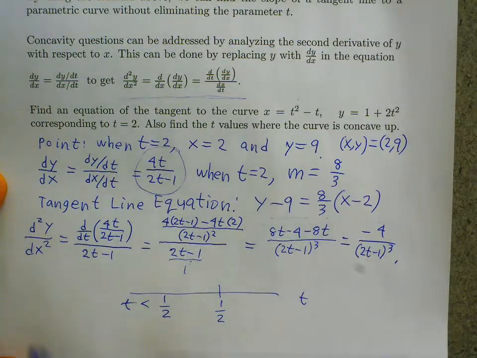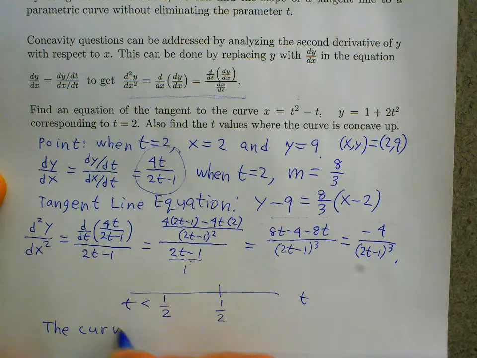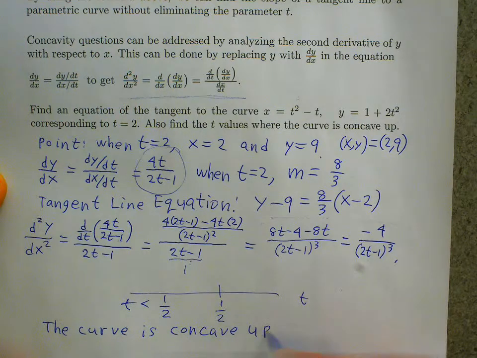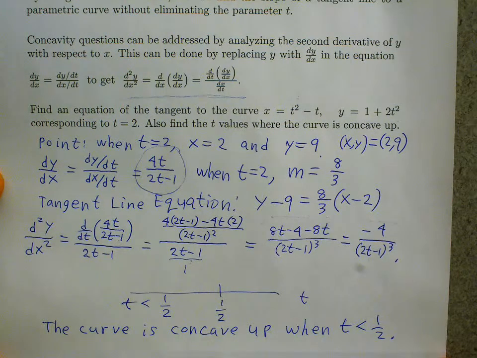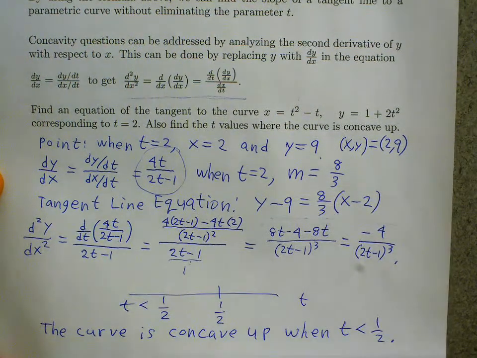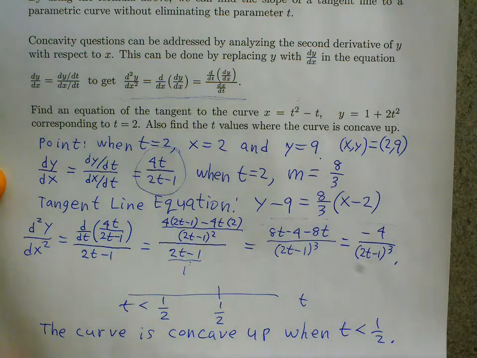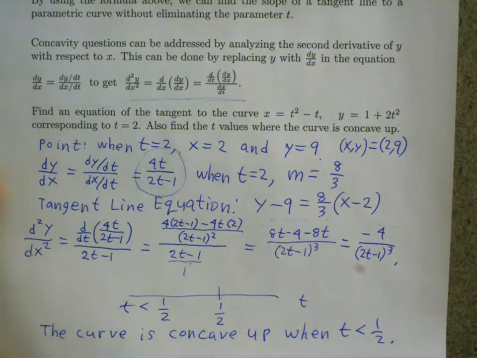In other words, the curve is concave up when the values of t are less than 1/2. Okay, let's move on to areas next.